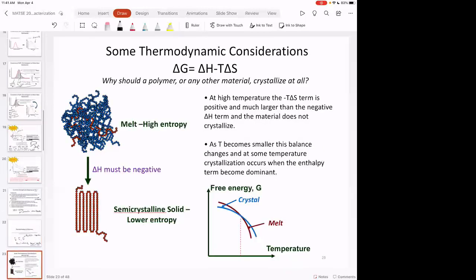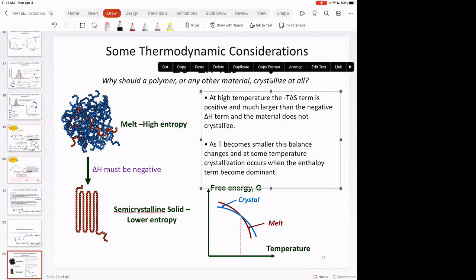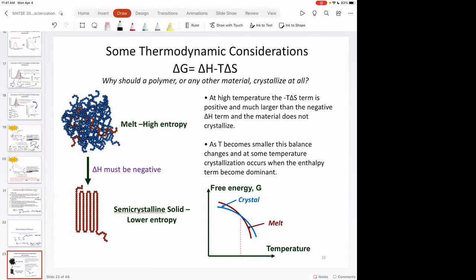So we go back to our Gibbs free energy, because that's always a good place to start when we're changing temperature. And so why do things crystallize? When we cool liquid water down below 0 degrees Celsius and nucleate it, we get ice. Why does that happen?